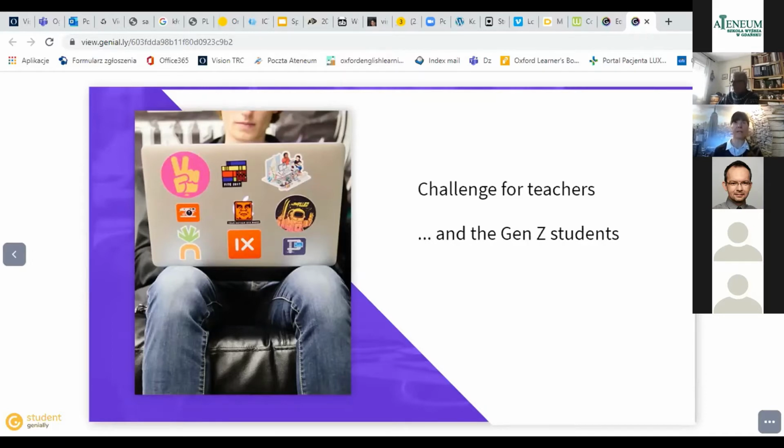Many faced serious problems because of isolation, because of being left only with technology, and some even disappeared from education completely. The numbers are not given, but for spring 2020, it was counted as a couple of thousand students in Poland who disappeared from the educational system.